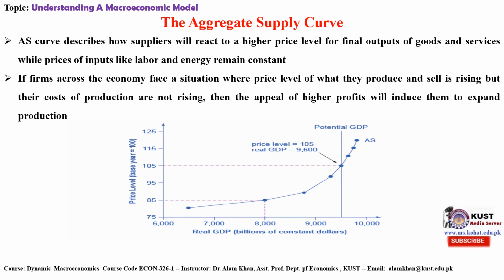Aggregate supply describes how suppliers will react to a higher price level for final output of goods and services, while the prices of inputs like labor and energy remain constant.